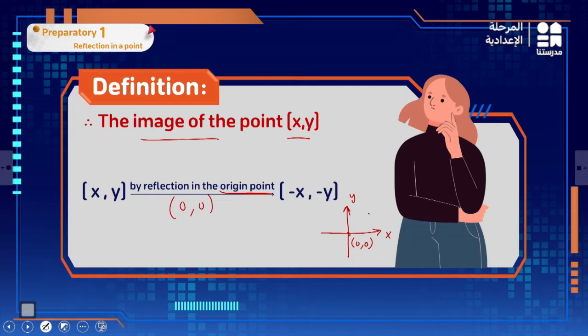So what do you observe? I'm going to change the sign of x and also change the sign of y. For example, if I have (4, negative 5), I need to make a reflection in the origin point. So I'm going to change the sign of each coordinate. 4 will be negative 4, and this negative 5 will be positive 5, which is 5.